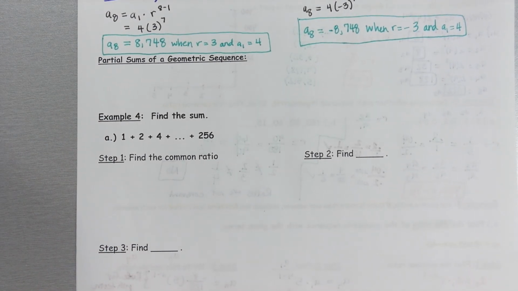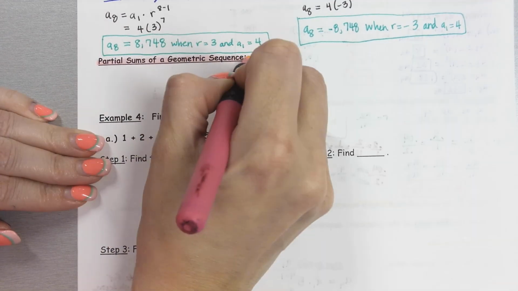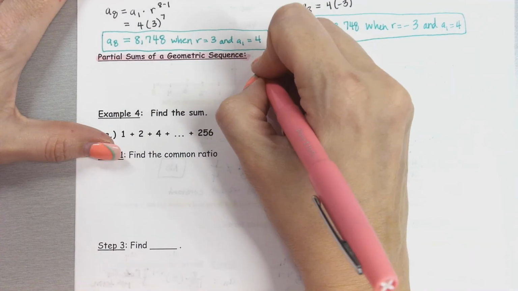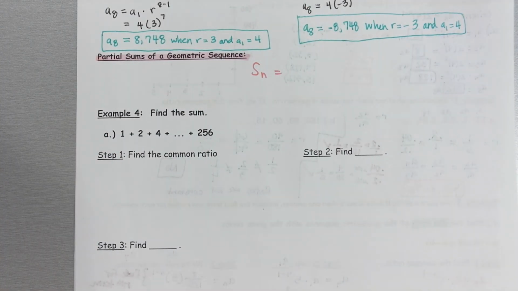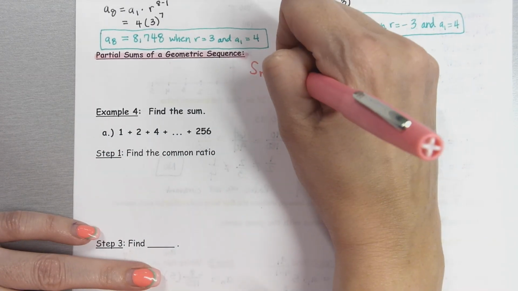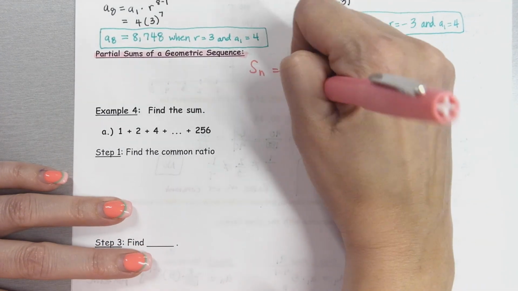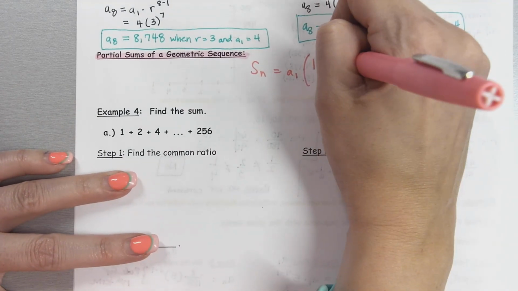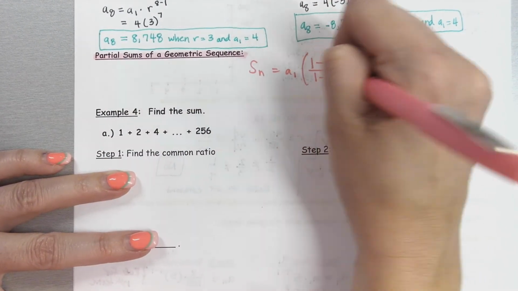Alright, now we are going to do some partial sums for geometric sequences. Yesterday we did those with the arithmetic. So we still have the s sub n notation for the partial sum. But you take the first term, a sub 1, and you multiply that by 1 minus r to the n over 1 minus r.